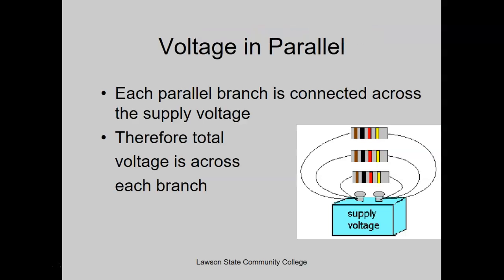So voltage in parallel. You probably have seen this and never really understood it. Each branch is connected across your supply voltage. So total voltage is across each branch. Why does a plug always have 120 volts? Because it's in parallel.